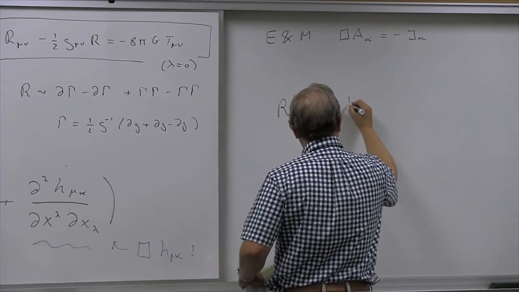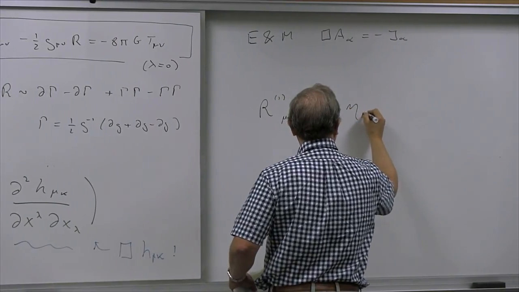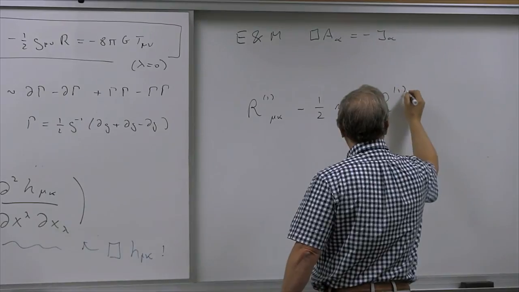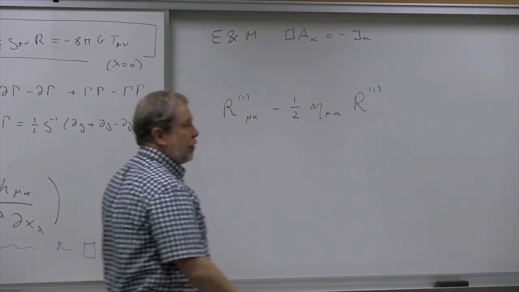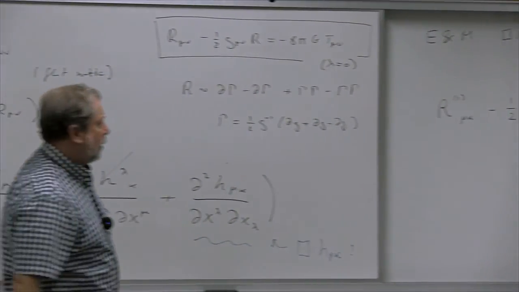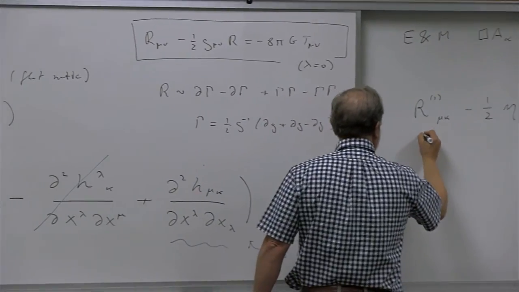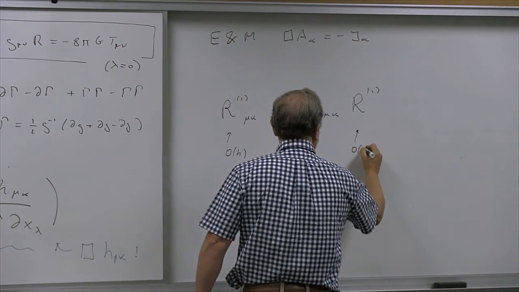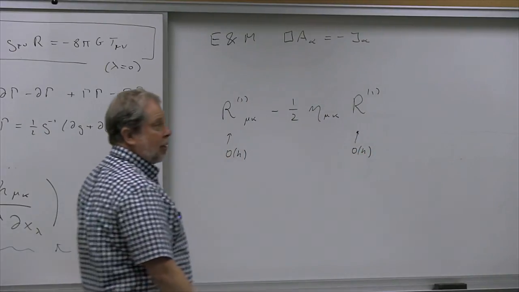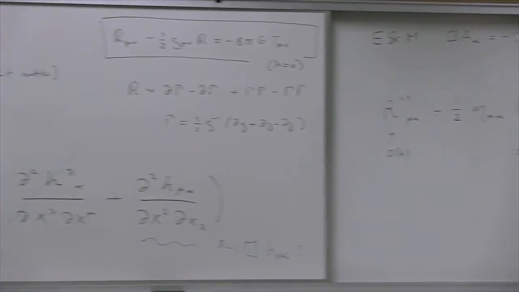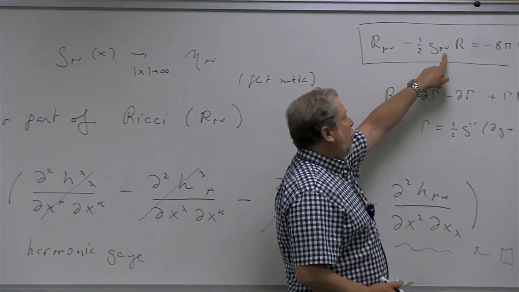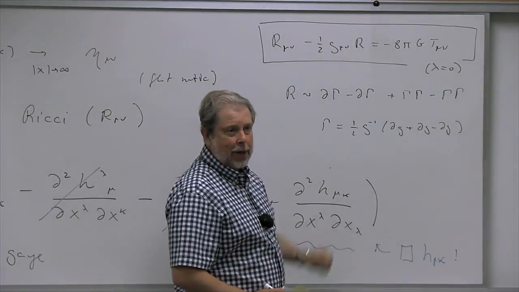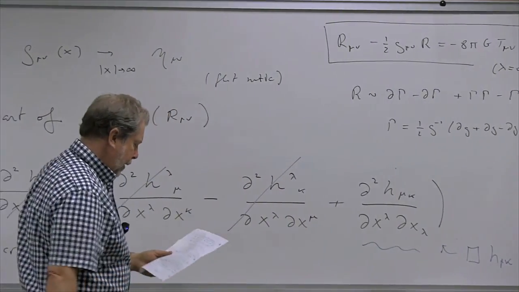So we write that as minus 1/2 eta mu k times R1, the linear part of the Ricci scalar. To emphasize, this is of order h, and that is also of order h. And as far as this expansion is concerned, the g mu nu here, because this is already of order h, can just be the flat metric, which is the eta.